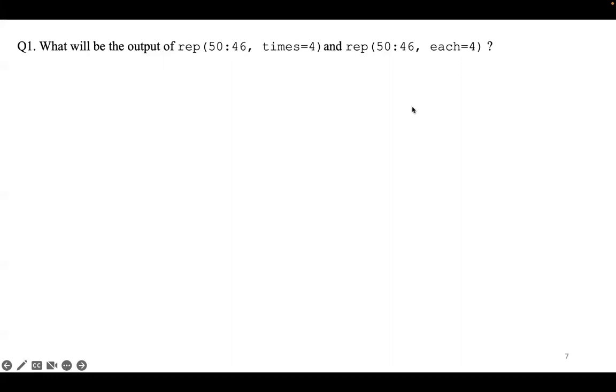You can just tell me orally, there are going to be too many things to write. Yeah, times will repeat the whole sentence 4 times. Each will repeat each element four times.